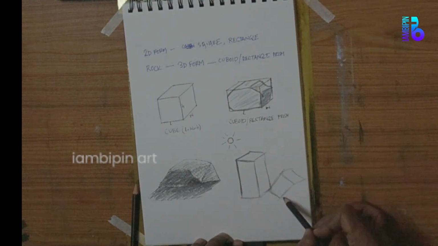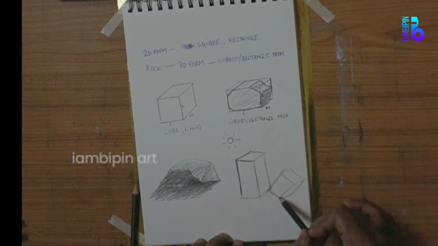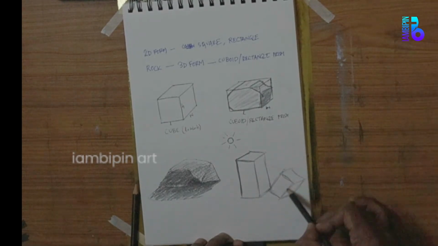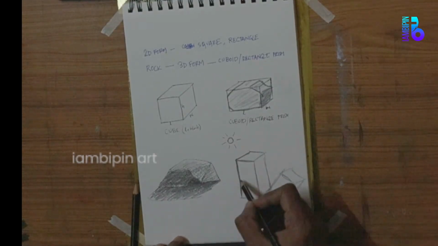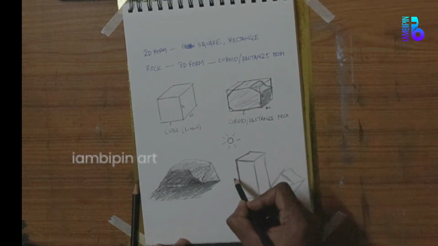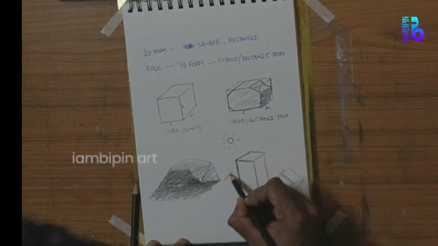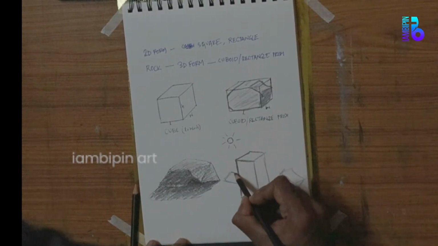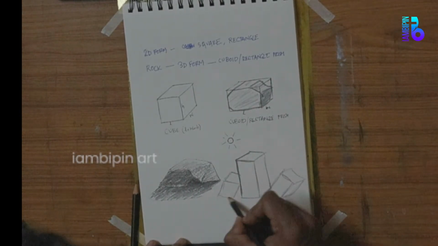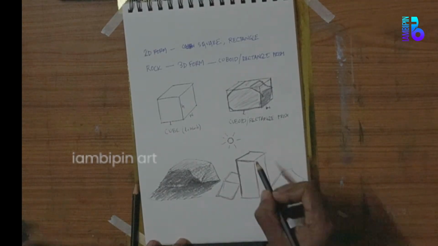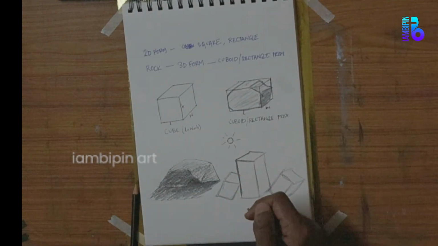You have to visualize it in the 3D form. And let there be another small cuboid lying over here. You will only see it partially because it's lying at the back of this cuboid.